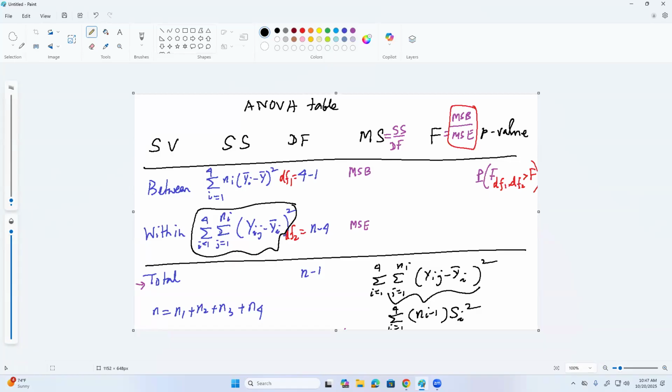In our data, we have that sample variance part. We have n_i, so we can easily calculate this part.